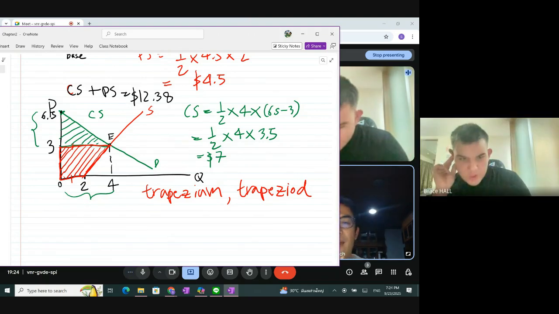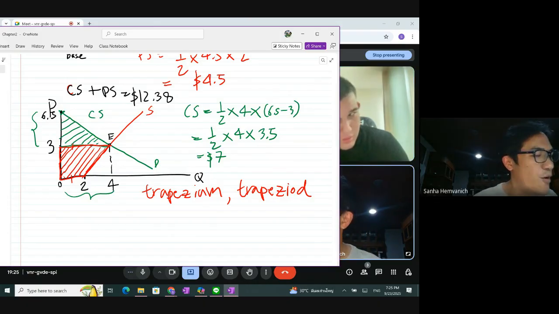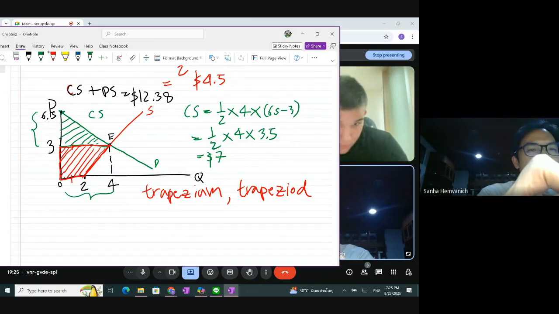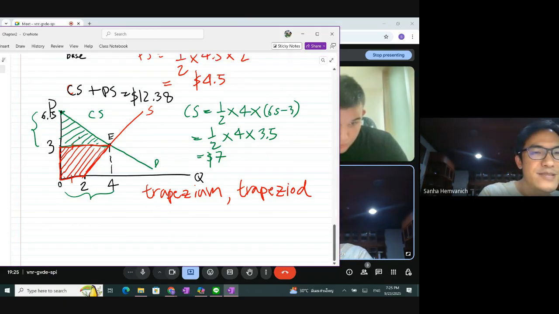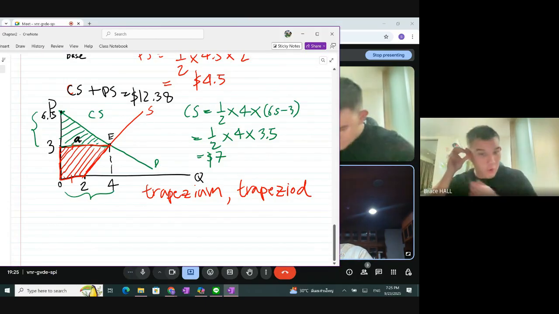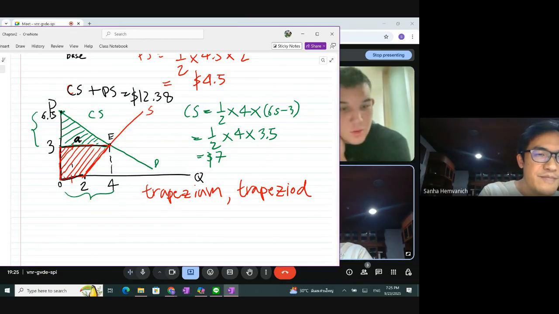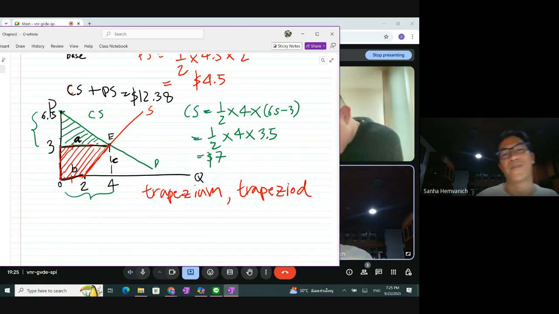Wait, sorry, which part is A, B, and which part is C? So here this side is A, and this is B, and C is something else here.